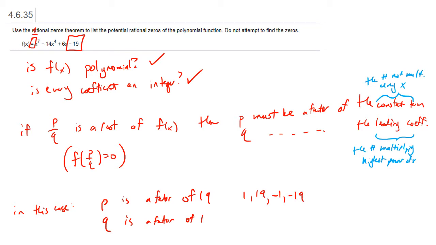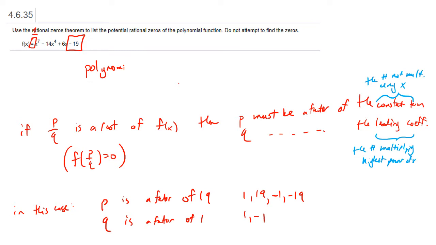These are also factors. Factoring does not distinguish between plus and minus. And factors of 1 are 1 and minus 1. What are all possible fractions I can make where the numerator p is drawn from the list 1, 19, negative 1, negative 19, and the denominator q is drawn from the list 1, minus 1?